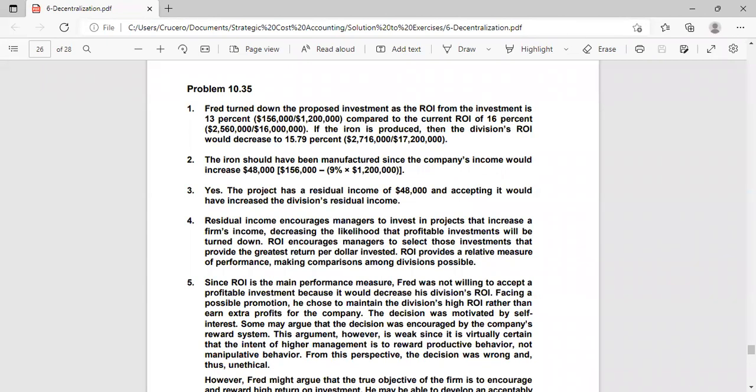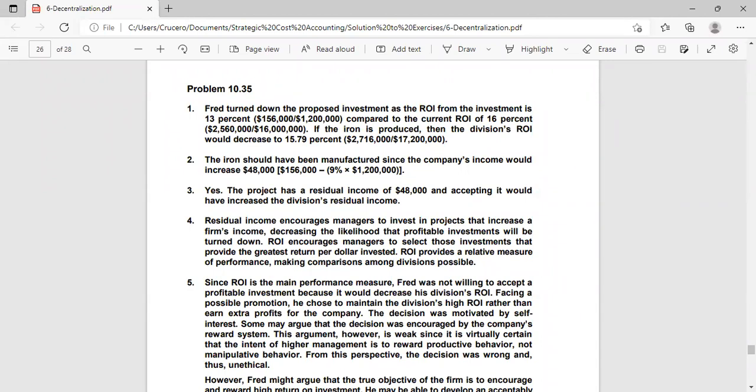Then in number two, compute the effect that the new product line would have on the profitability of the firm as a whole. Should the division have produced the crimping and welding iron? So the iron should have been manufactured, since the company's income would have increased by 48,000.